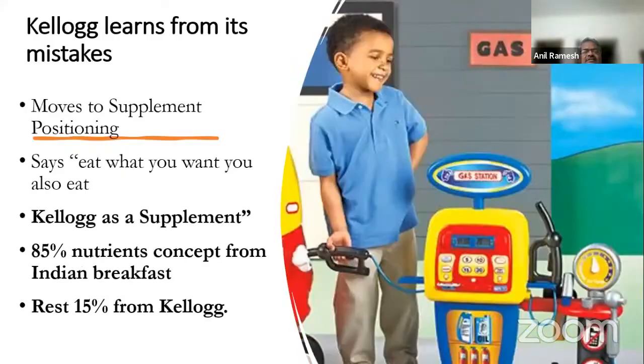So Kellogg's learns from its mistakes very quickly and moved on to the supplement positioning. Unfortunately, I could not get that particular advertisement. It is a very dramatic ad of a small boy who has a tricycle, and he first goes to a petrol station with idli dosa puri, and his tricycle is filled and shows 73%, or 85%.